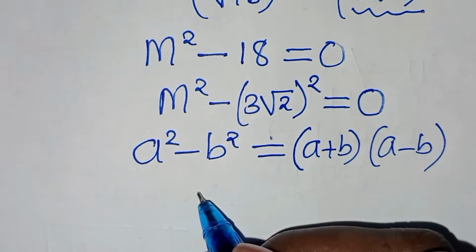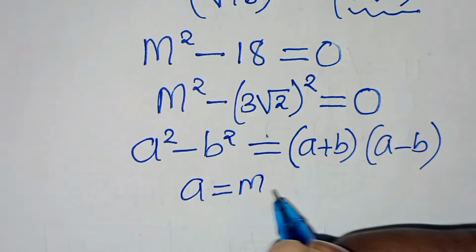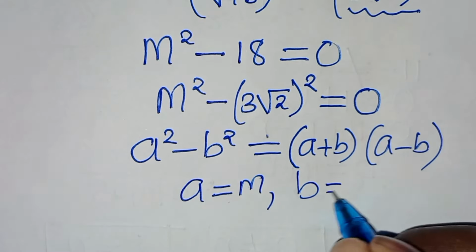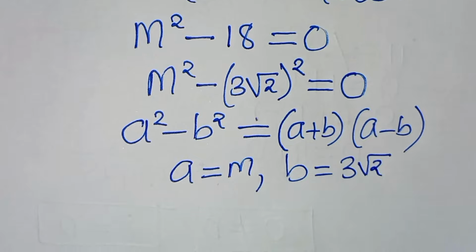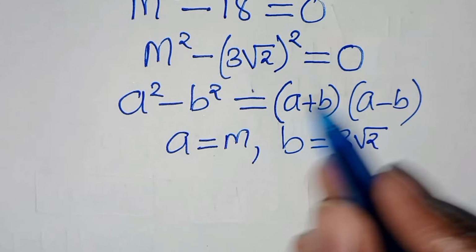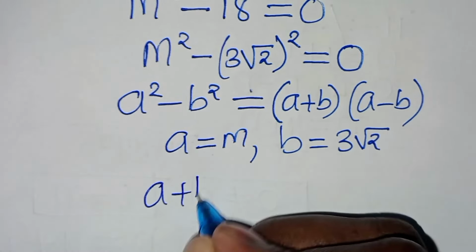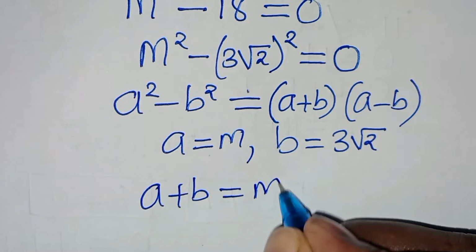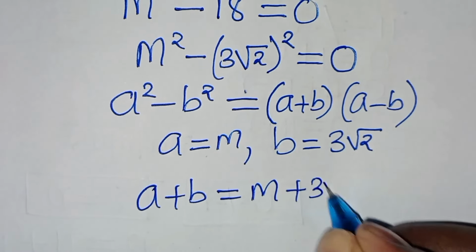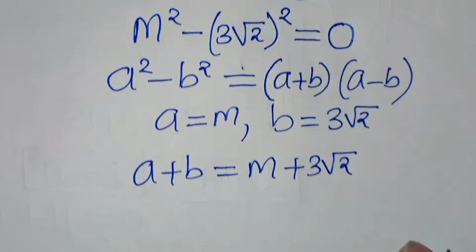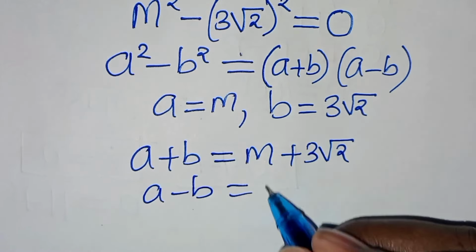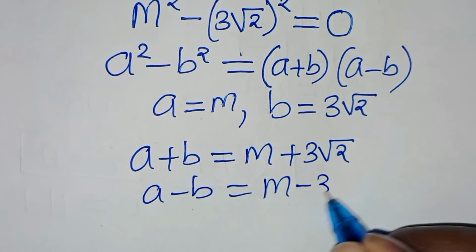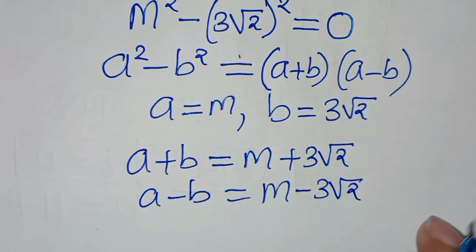From this equation, a is equal to m, b is equal to 3 square root of 2. So a plus b is m plus 3 square root of 2, and a minus b is m minus 3 square root of 2.